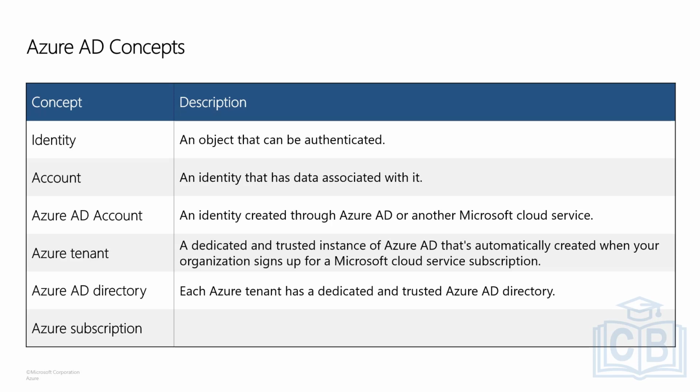Once you create your Azure Active Directory, your tenant will be associated, and this will be a trusted Azure Active Directory. So tenant and Azure AD directory, these terms are used interchangeably. The moment you create a new directory, you'll have a new tenant as well.